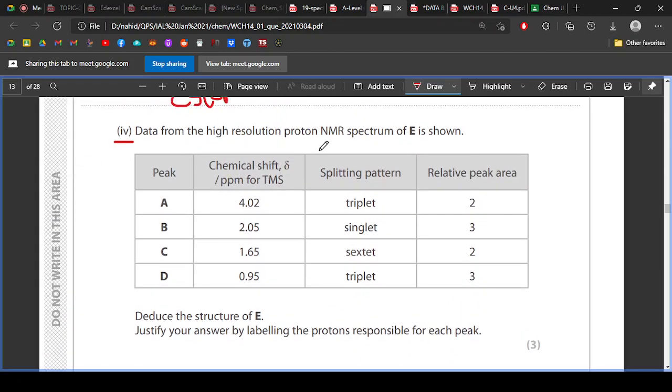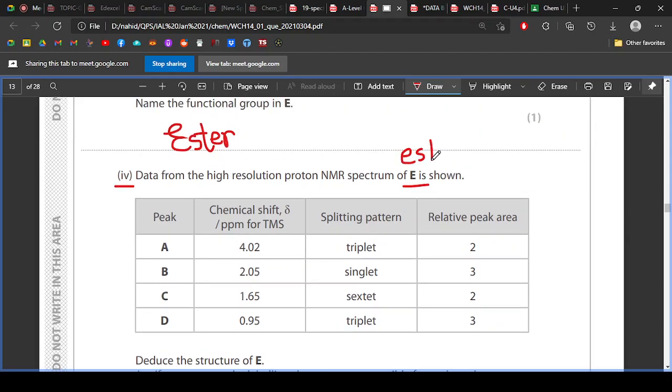Remember, we are still discussing compound E. We don't know exactly what it is, but so far we have discussed that it is an ester, and we know that it has the molecular formula C5H10O2, right?